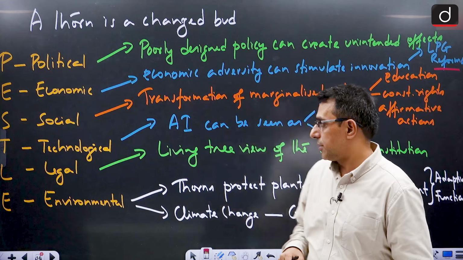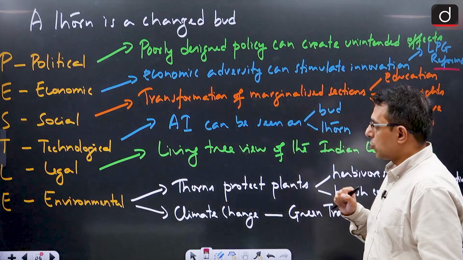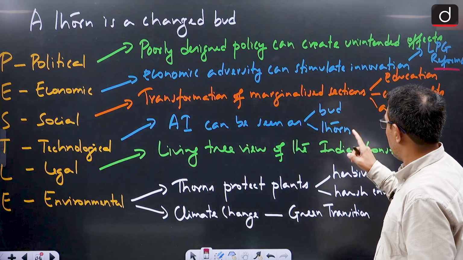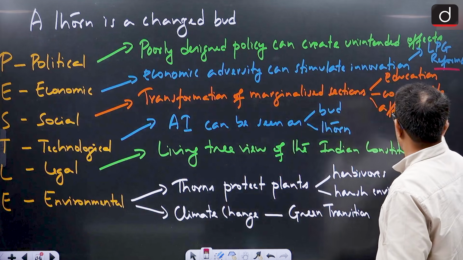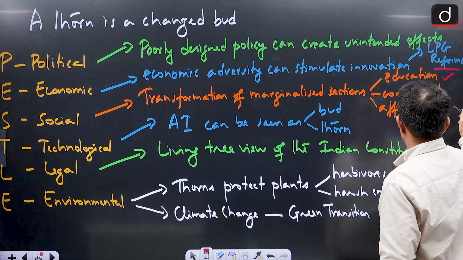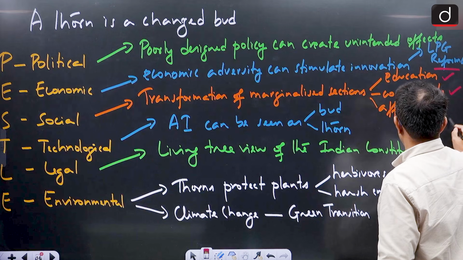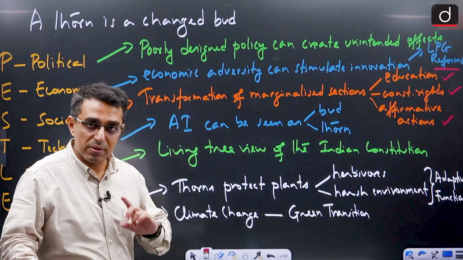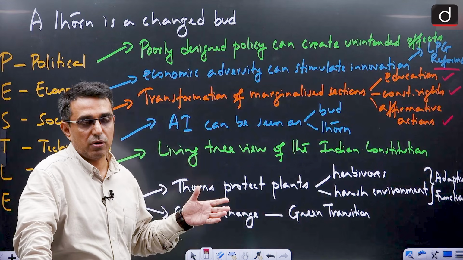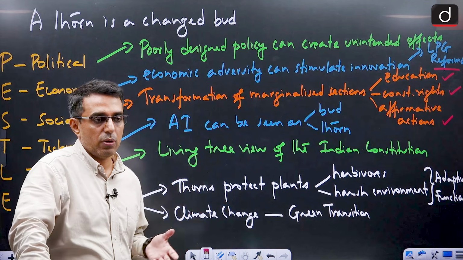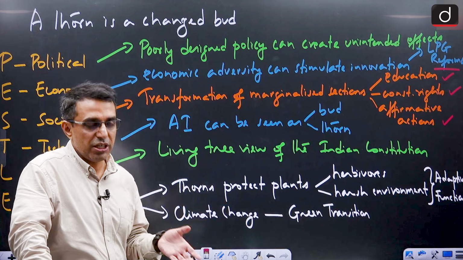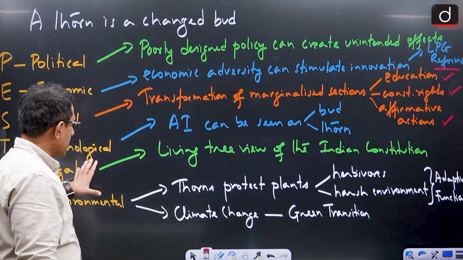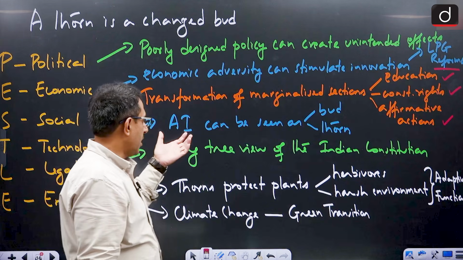Social. In the social dimension, we can talk about the transformation of marginalized sections that has happened through their access to education, constitutional rights and affirmative actions by the governments. Here we can again give examples of some vulnerable communities and how various steps have transformed their lives. Then in the technological dimension, we can talk about AI, artificial intelligence.